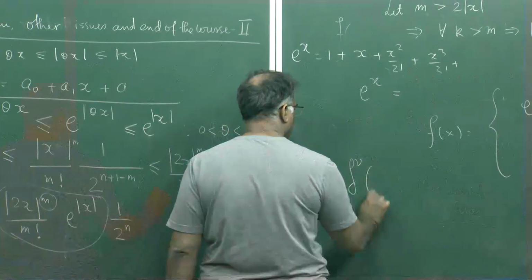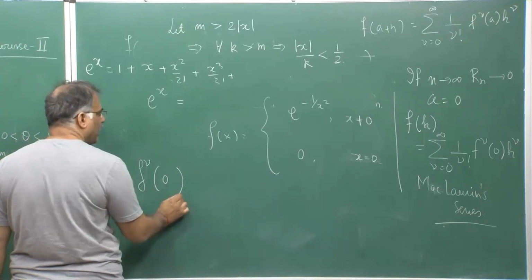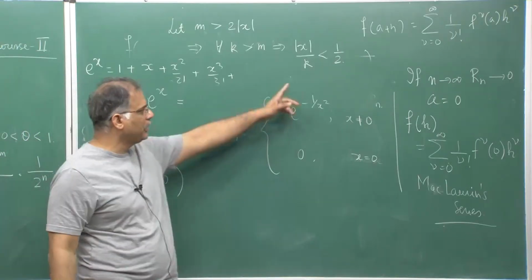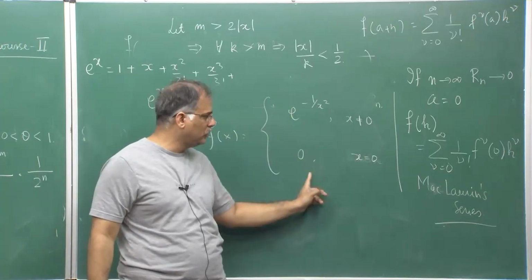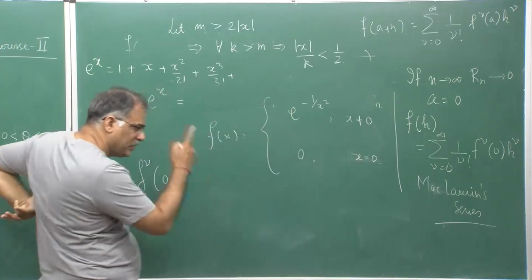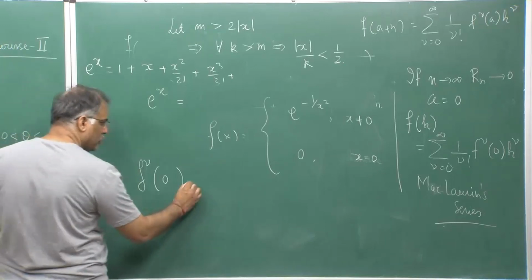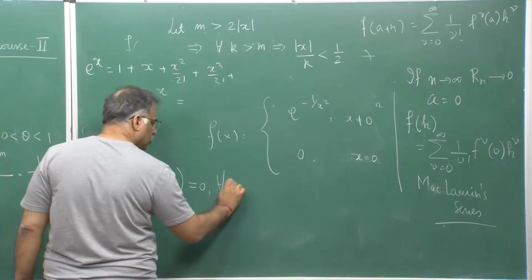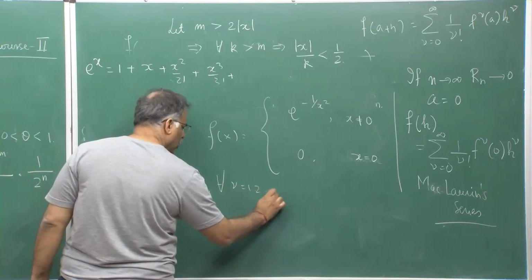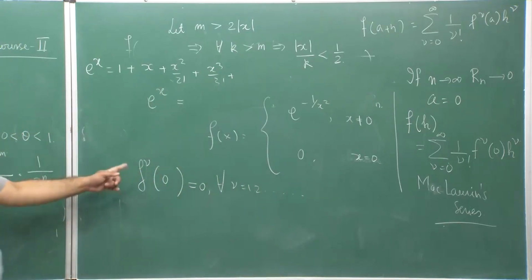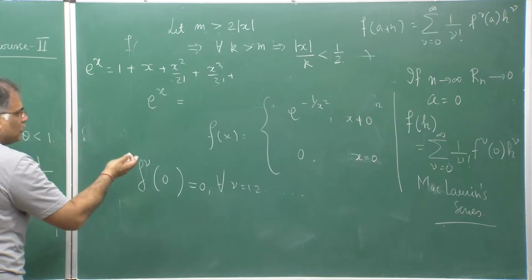So, look at this function f x equal to e to the power minus 1 by x square, x is not equal to 0, and equal to 0 at x is equal to 0. Looks very strange, but f nu 0 is equal to 0 for all nu equal to 1, 2, that does not matter, for any value of nu f nu 0 is equal to 0, it exists.